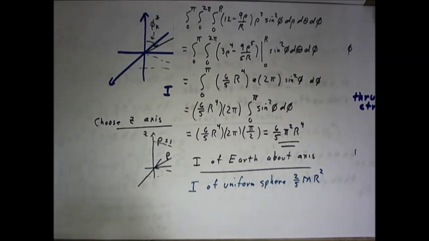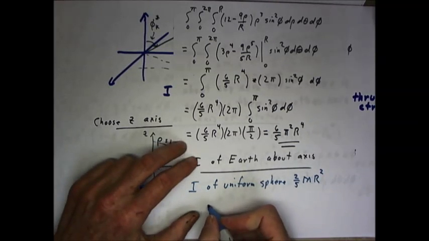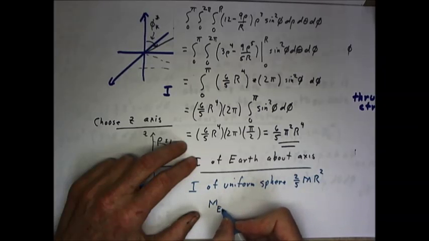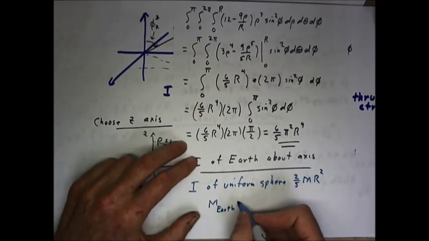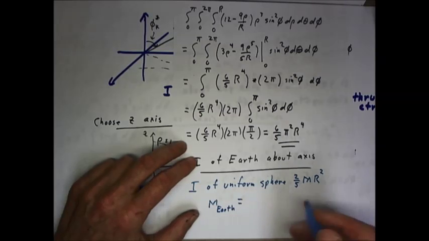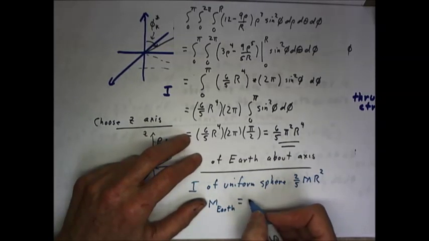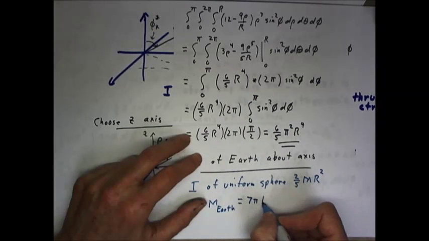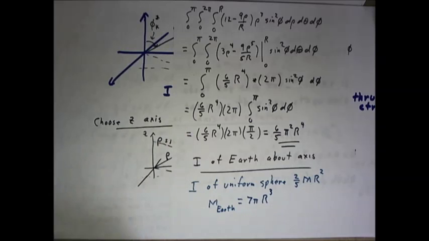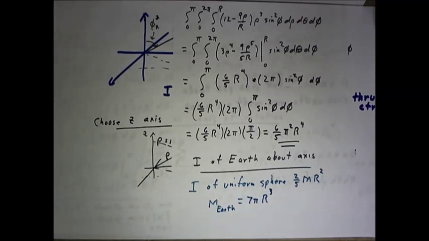The mass of the Earth is what? We found it to be, according to this model, the density model that we're using here, 7 pi r cubed. So that 2/5 the mass of the Earth times r squared would be 2/5 of this times r squared.